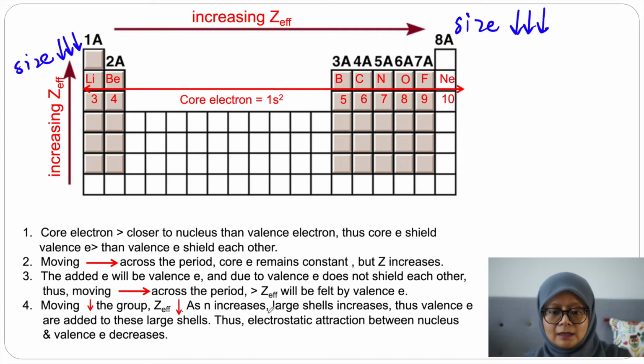The size of the atoms becomes bigger because of the larger shells. Valence electrons are added to these larger shells. So the electrostatic attraction between the nucleus and the valence electrons will decrease when we have an additional number of orbitals.